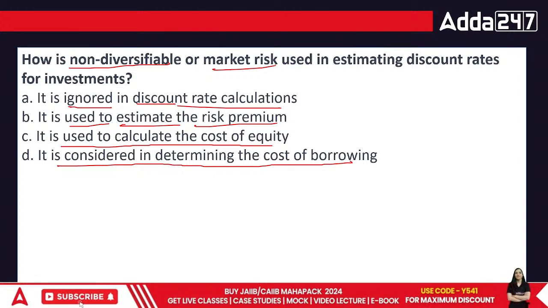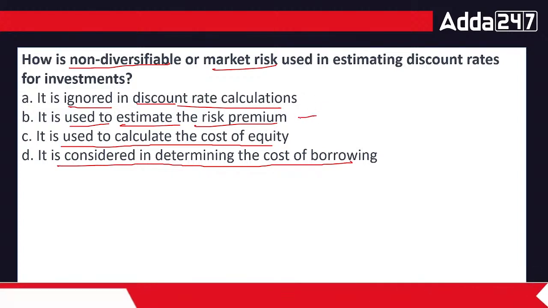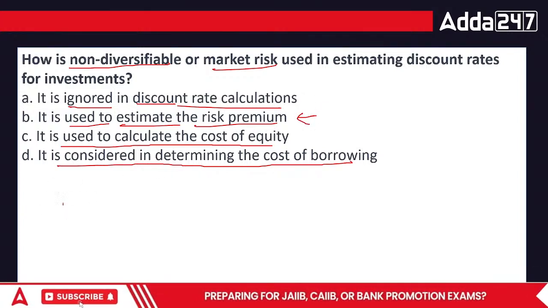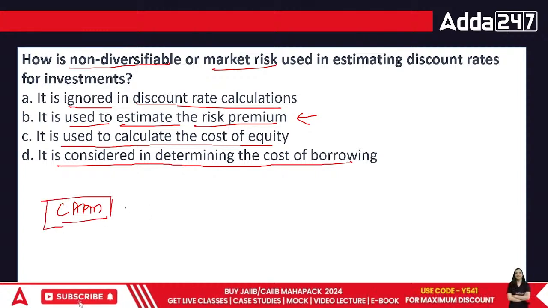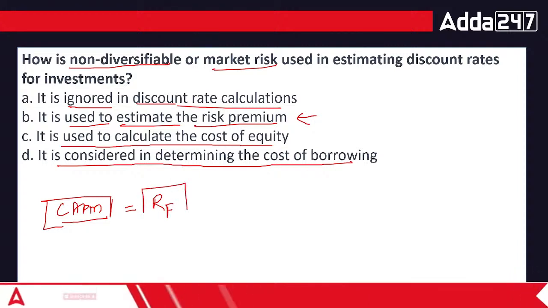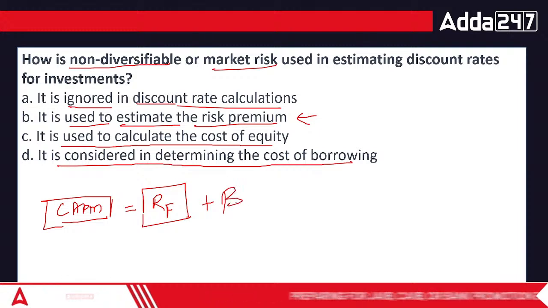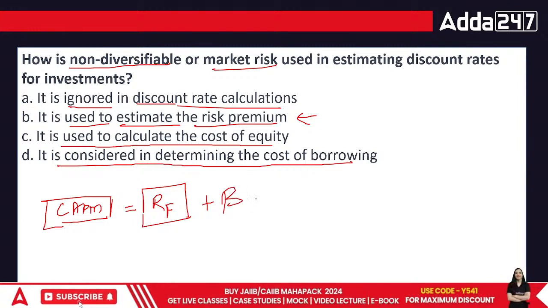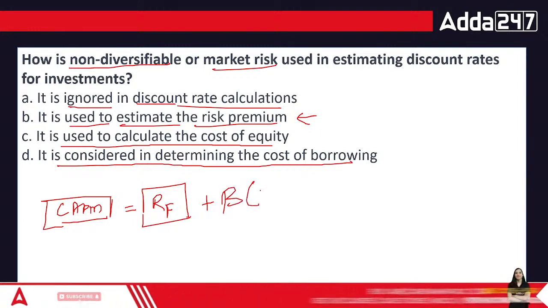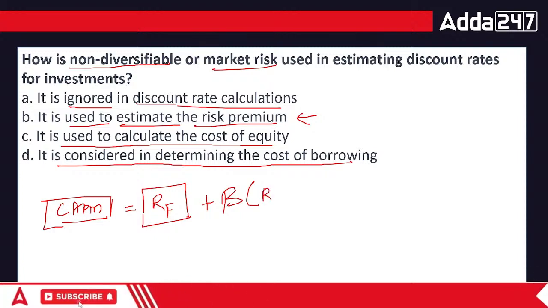If it is a market risk, it is something where you get a risk premium as well. For this, they use the CAPM model, capital asset pricing model. Under this model, you receive a risk-free rate of return. This is the minimum that you're going to receive, plus your sensitivity, which is beta, your multiplier, and then we have your market rate.